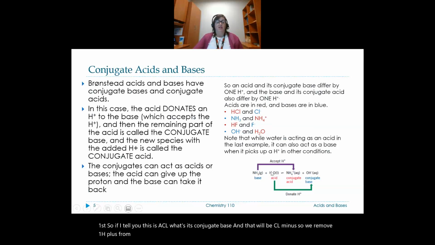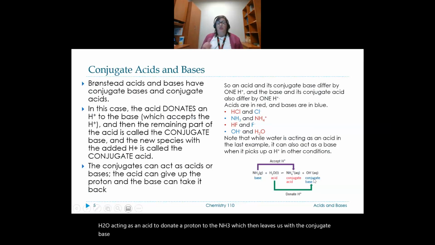So we remove one H plus from it, and that's the conjugate base. All right. We may ask you in a reaction similar to what you're looking at here, what is the acid and base pair? So in this case, we're looking at the base NH3 accepting a proton to become NH4 plus, which is the conjugate acid. And then H2O acting as an acid to donate a proton to the NH3, which then leaves us with the conjugate base, which is OH minus.